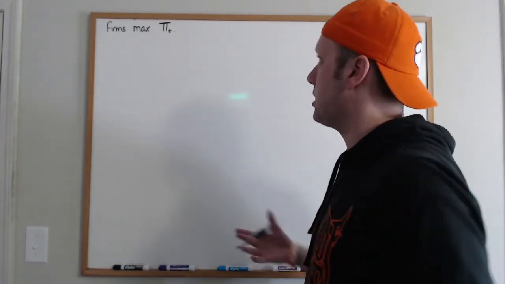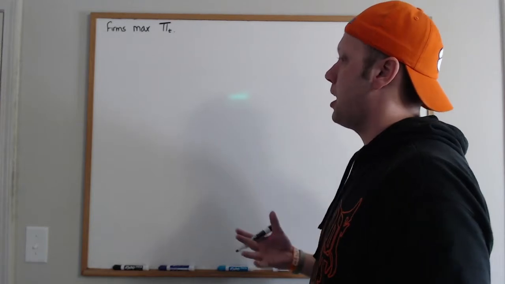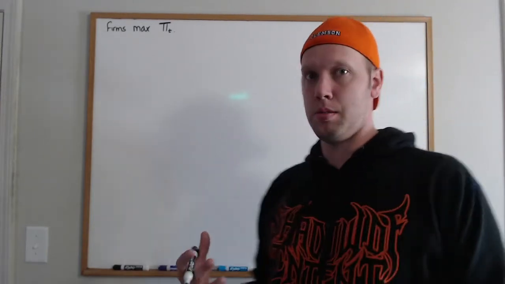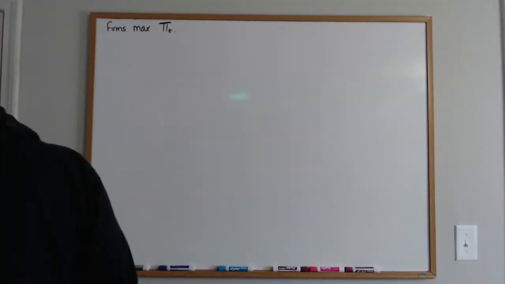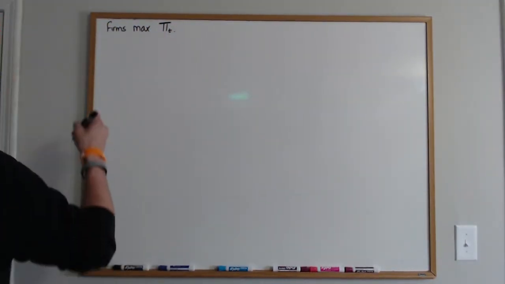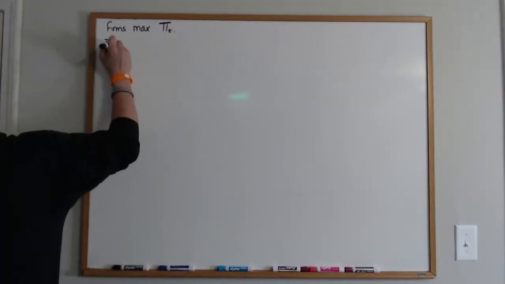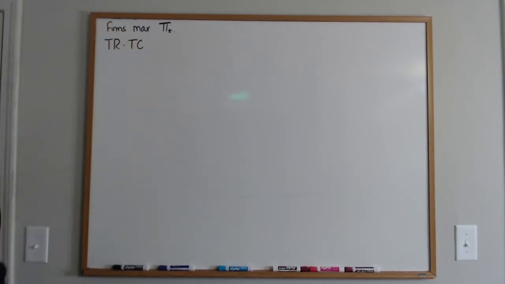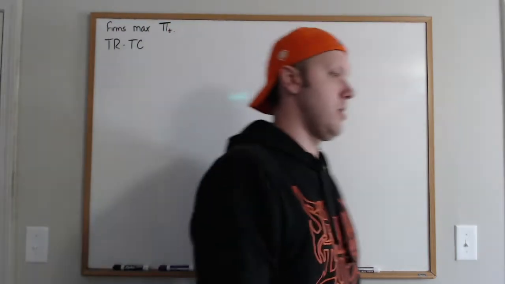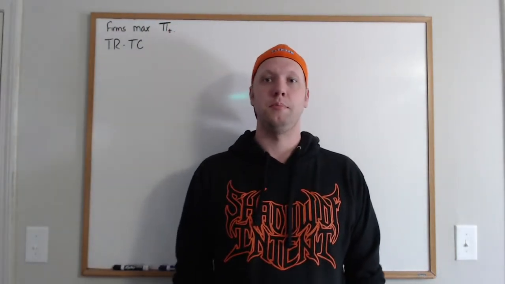Now, the firm wants to maximize profit. So what is profit, right? Well, it's total revenue minus total costs, right? Everything that the firm earns from production minus everything that the firm has to pay from that production process.